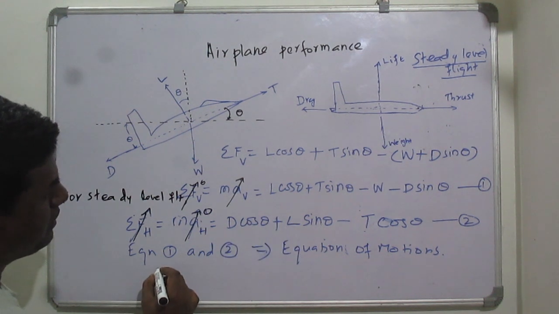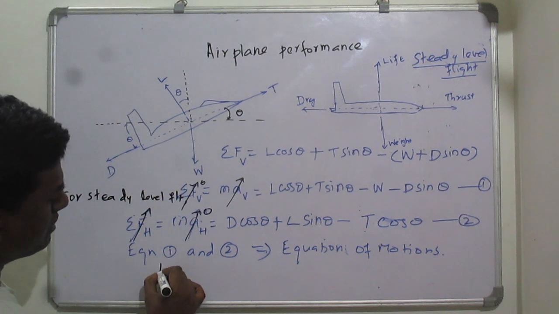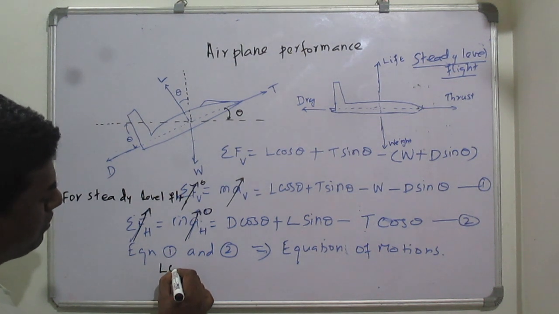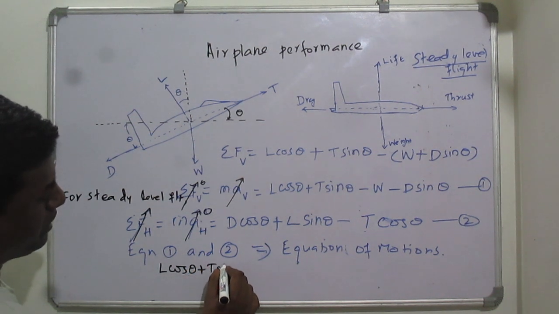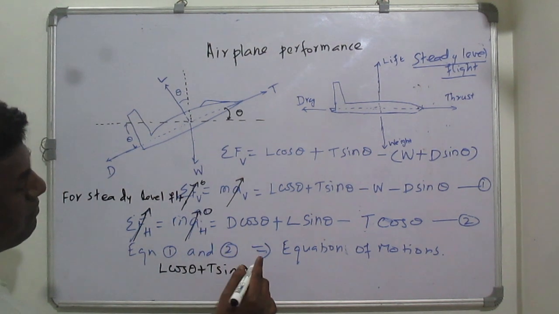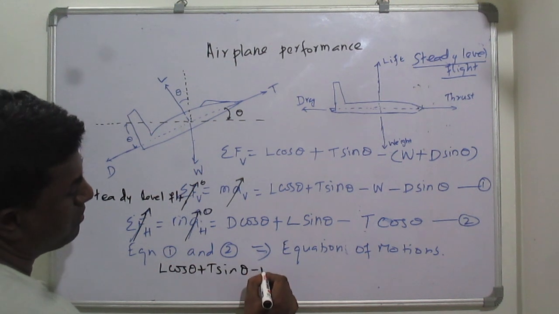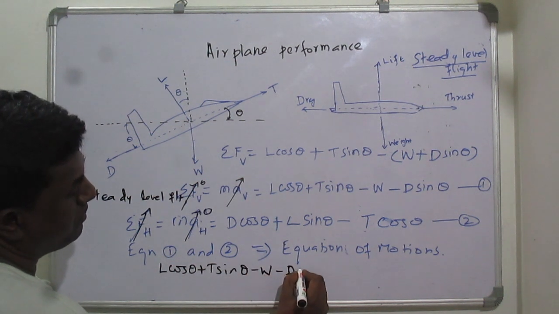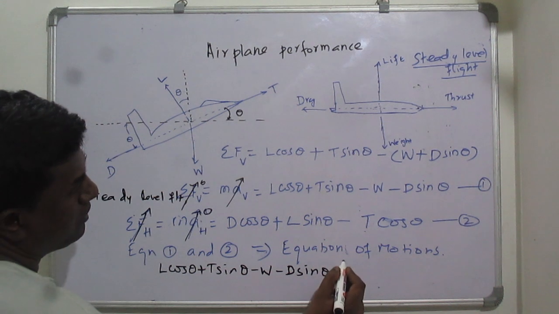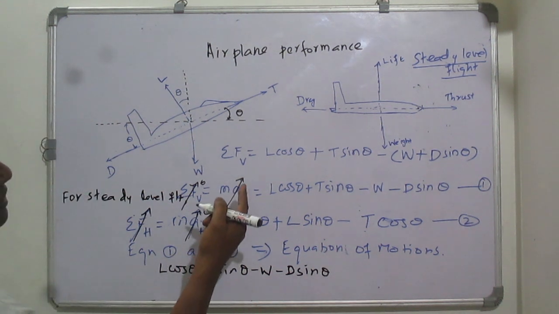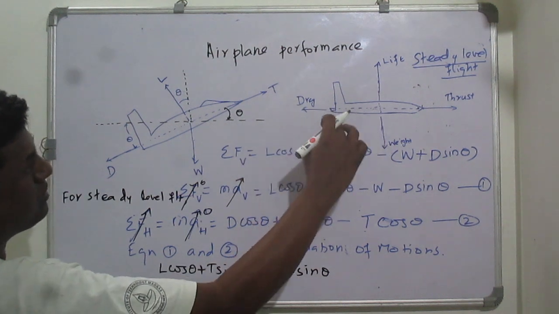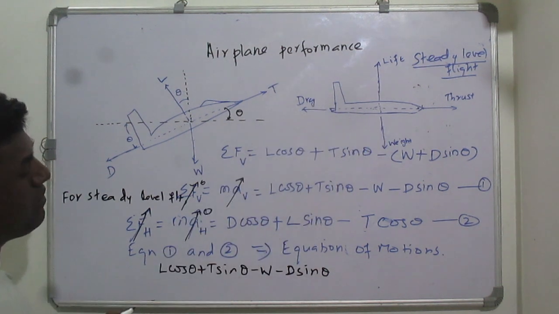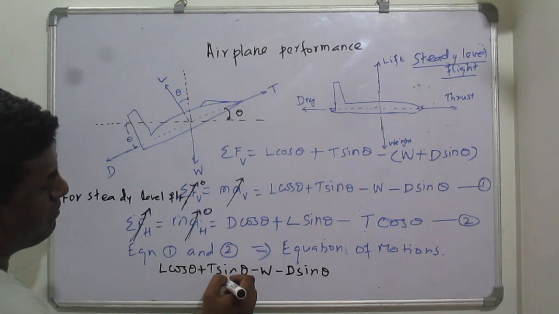L cos theta plus T sin theta minus W minus D sin theta. So here what happened, when the aircraft comes into the horizontal position, or it is in the steady level flight, this theta will become 0.